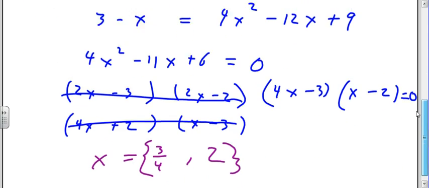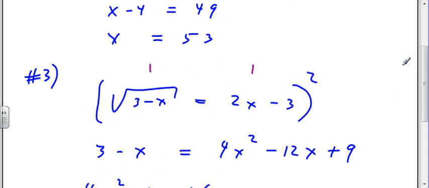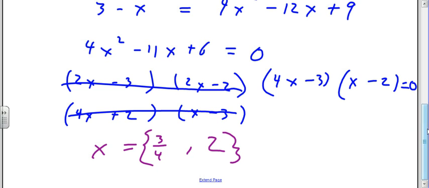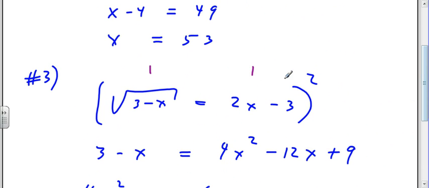Now I'm going to try 3 over 4. 3 minus 3 over 4 would be 9 over 4. The square root of 9 over 4 is 3 over 2. Is that equal to 3 over 4 times 2, minus 3?